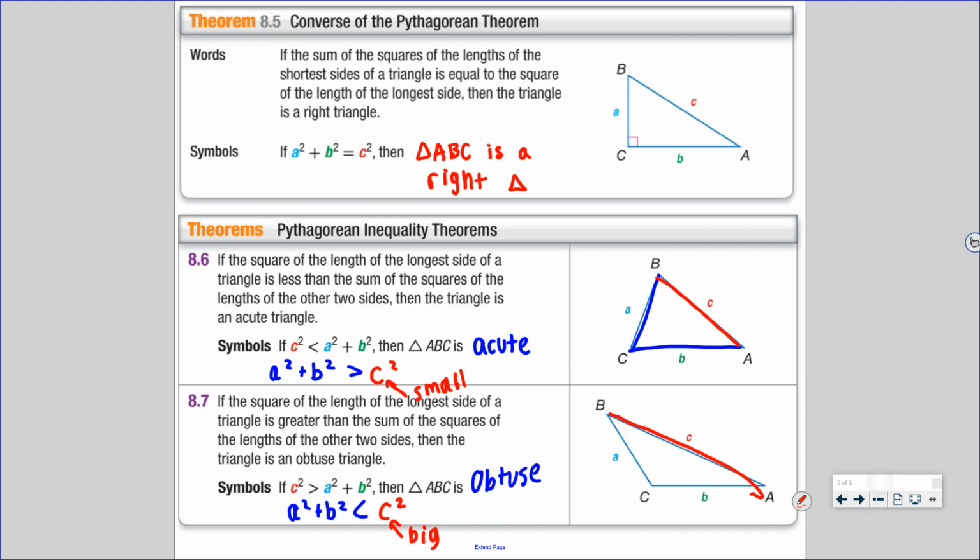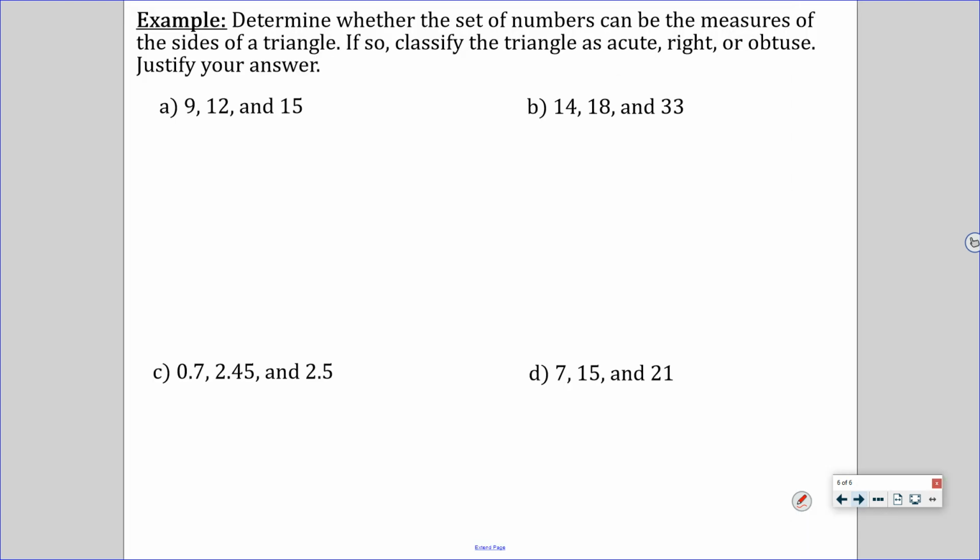Okay. So the directions here say, determine whether the set of numbers are even a triangle. If they are a triangle, classify that triangle as acute, right, or obtuse. So, if you remember from chapter 5, if 3 sides are a triangle, the sum of any 2 sides always has to be greater than the third side, right?